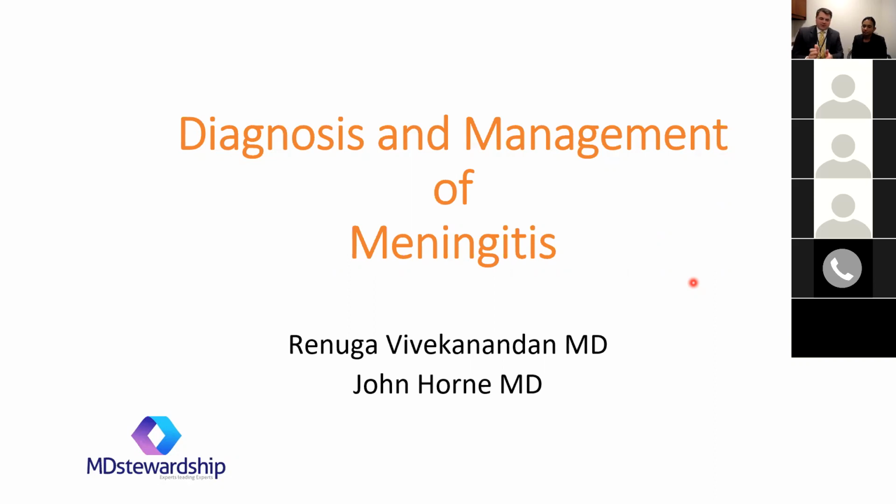The main point of the talk, if you get nothing else, is if you're concerned about meningitis, start antibiotics early. A lot of the time people have always been taught to get an LP or blood cultures first, so they don't want to tell us that they started antibiotics without them.